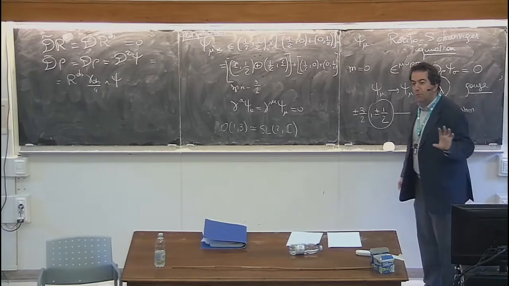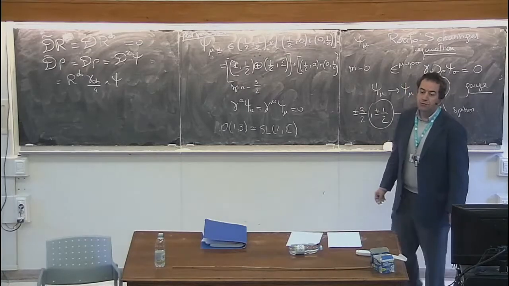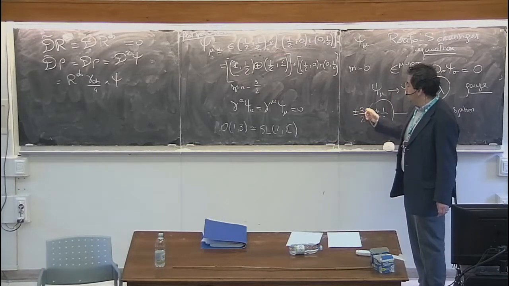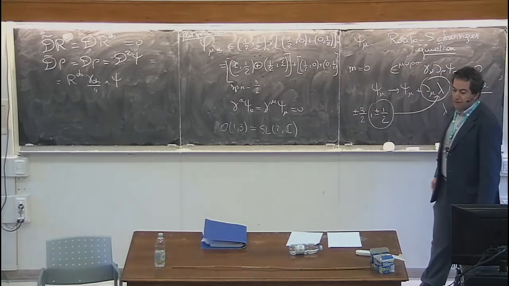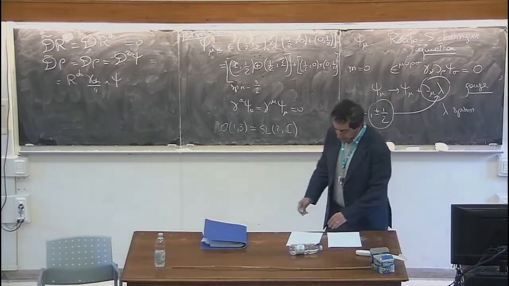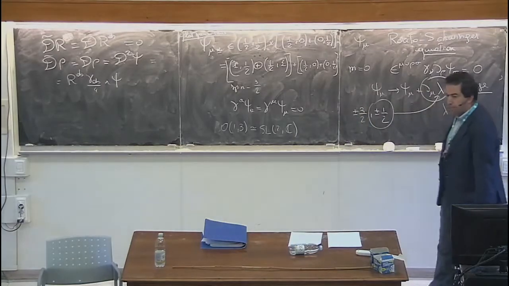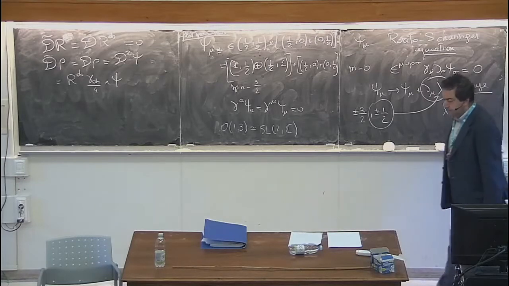So the only propagating degrees of freedom correspond to the two helicity components, plus or minus 3/2. These are the only helicity components of a propagating gravitino field, massless spin 3/2 field. Just two components.